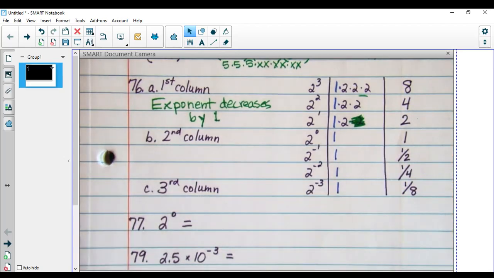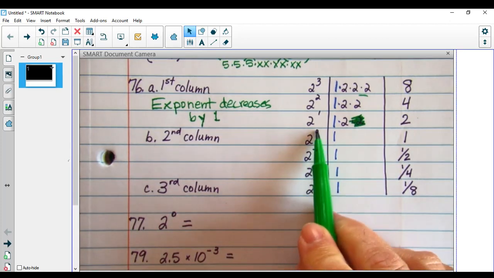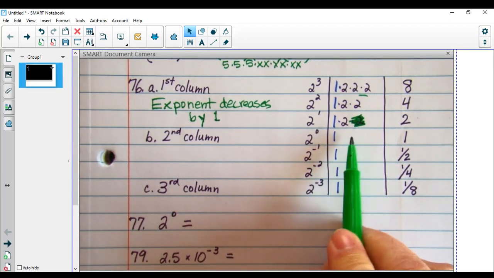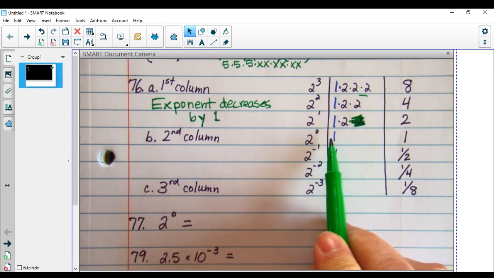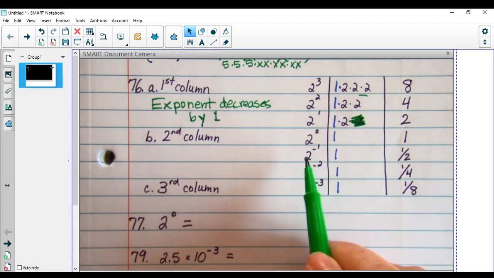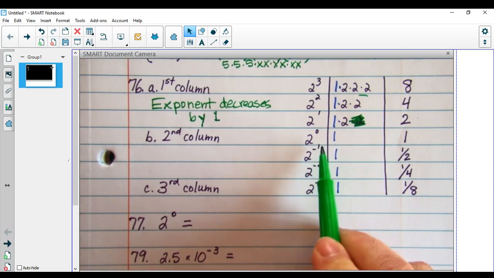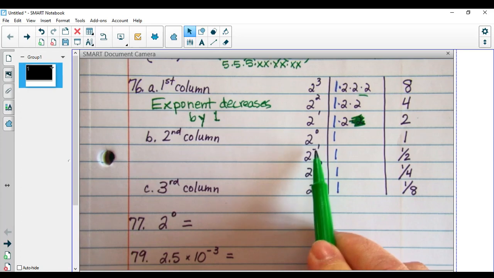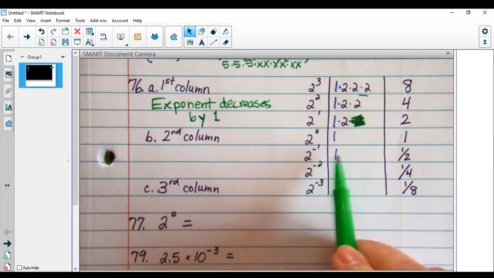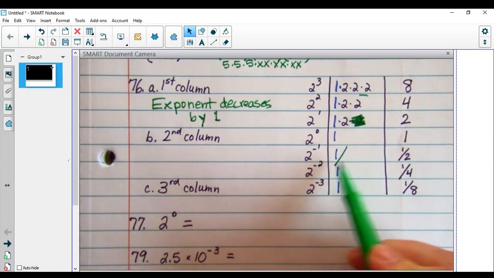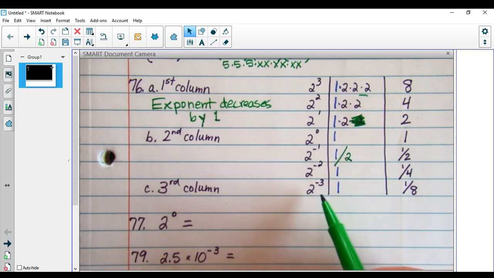1 is a factor of everything. So if we have no factors of 2, we don't put any factors of 2, but we still have 1. Here, instead of multiplying by 2 one time, we're actually going to divide by 2 one time. So we're going to put divide by 2.